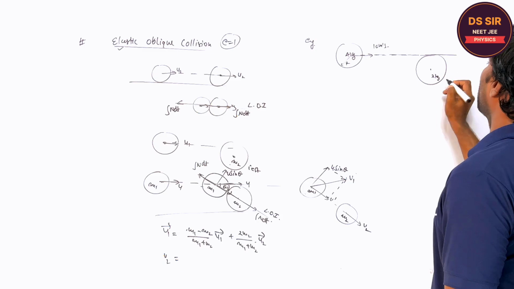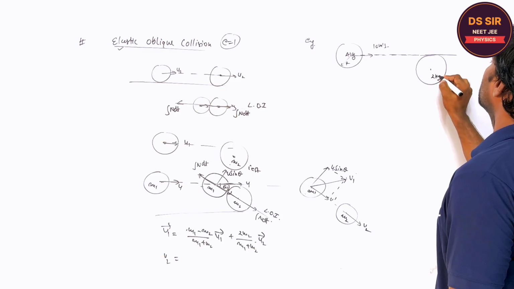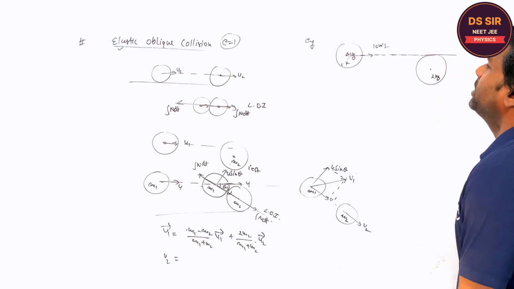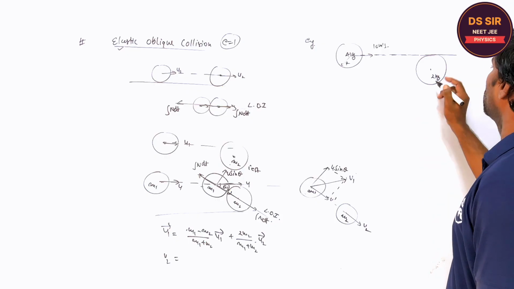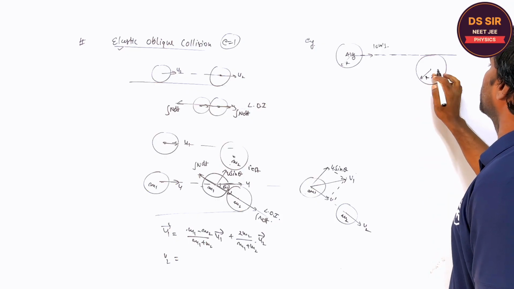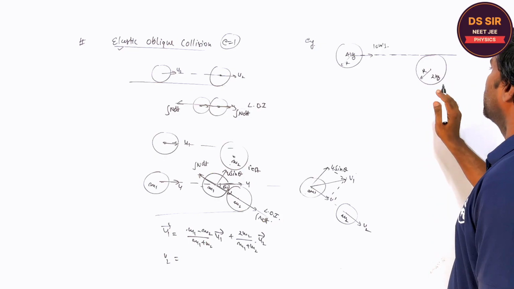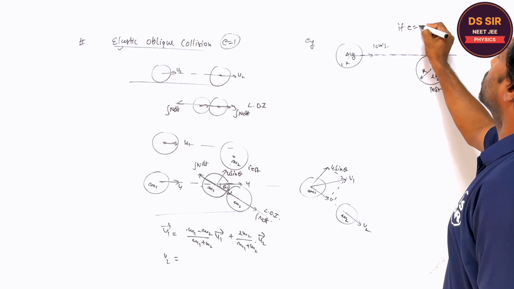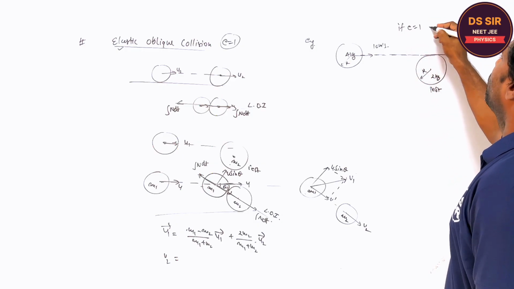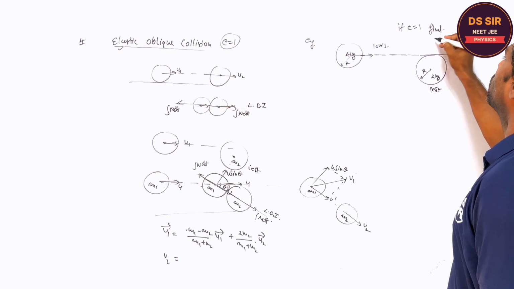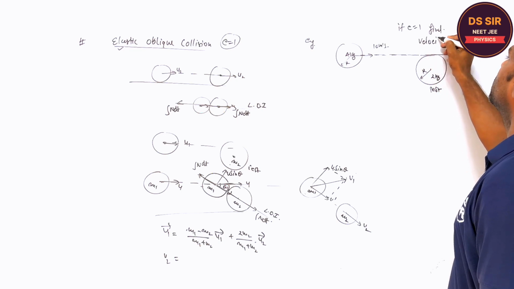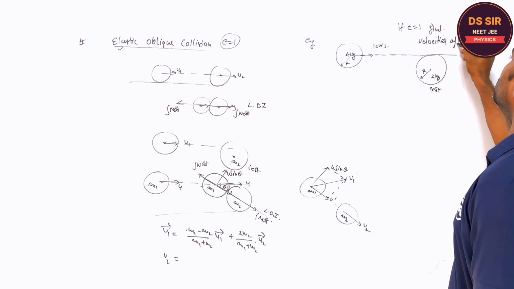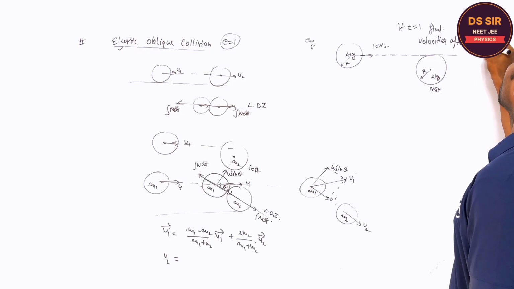This is the 2 kg body, and the radius is again the 2r. This radius is r, right? If it is at rest, if e is equal to 0, e is equal to 1, find velocities after collision. Do you understand or not?